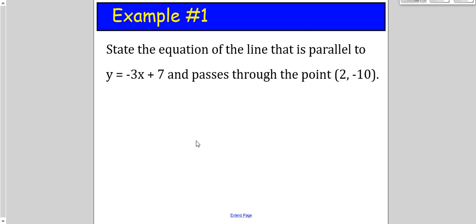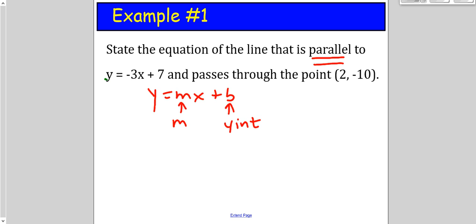All right, so we're going to do a few examples. We want to find the equation of a line. Remember, equations of lines are written y equals mx plus b. We need to know two things: our slope and our y-intercept. Those are always two very important things. If we read this question, it tells us that it's parallel to this line. Parallel, remember from our previous lesson, means it has the exact same slope as this equation.